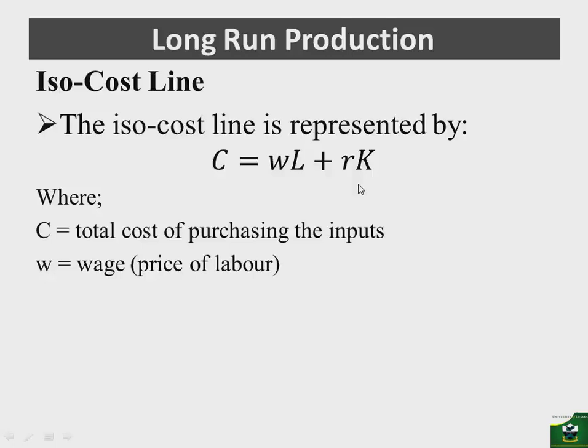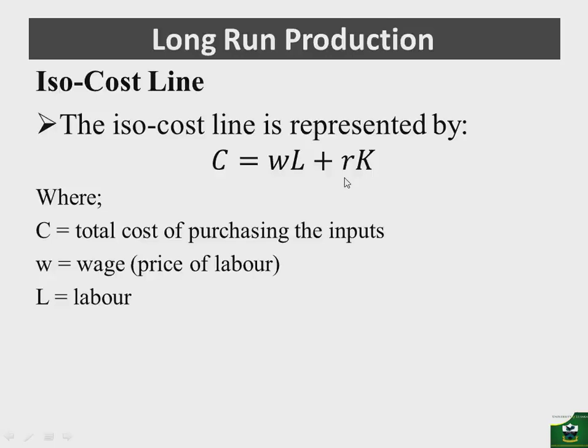So remember now, when we are looking at this cost, we've moved away from the goods market. We are now in the labor market. And when we are looking at this part here, we are in the capital market. In other words, what we are looking at here is the factor market and not the goods market.